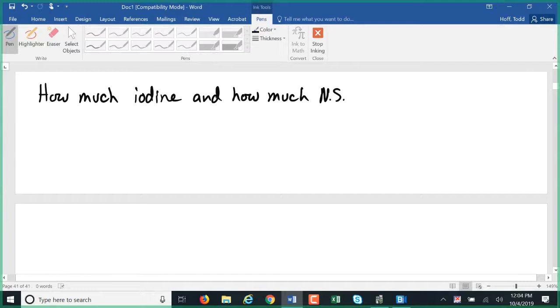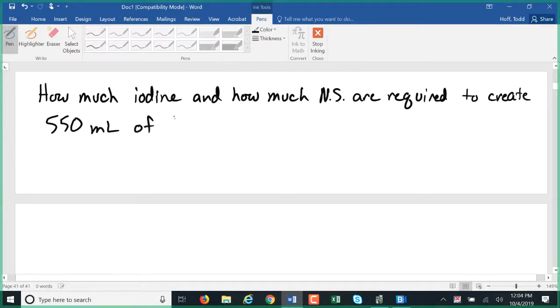So how much iodine and how much NS are required to create 550 milliliters of a 4-in-11 dilution?